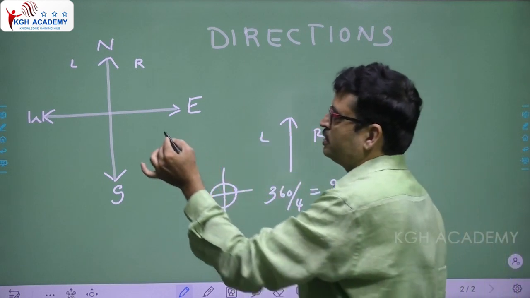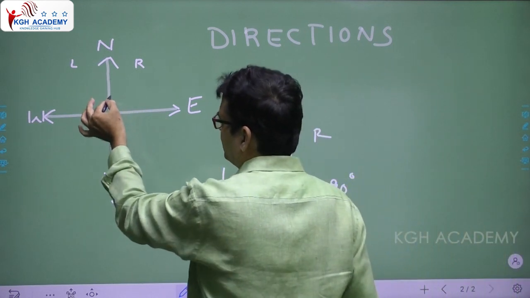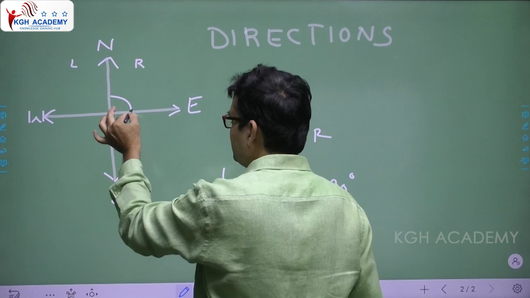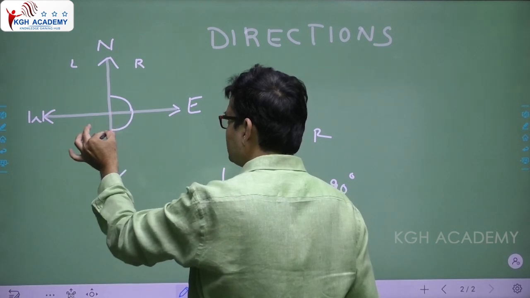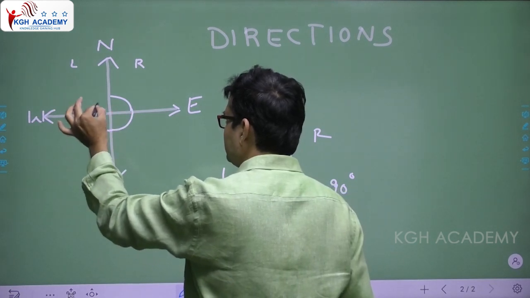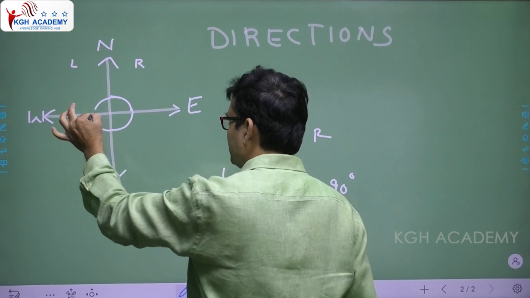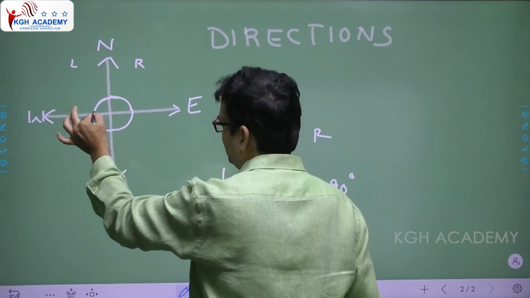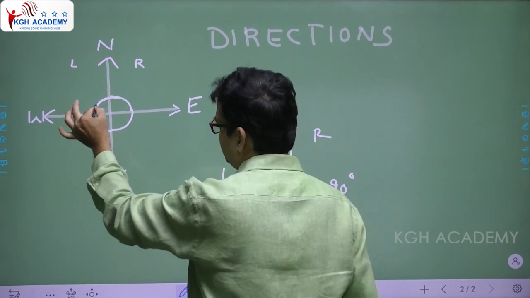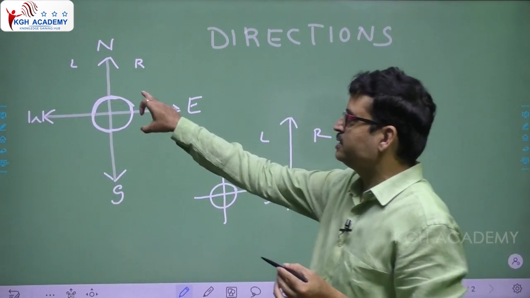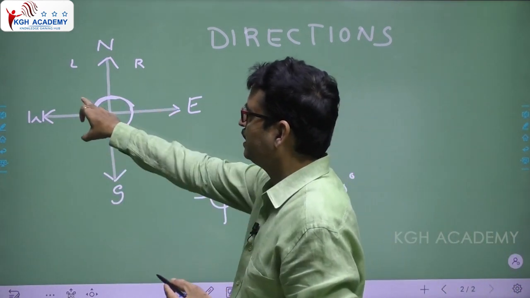Clear? So from north to east, 90 degrees; east to south, 90 degrees; south to west, 90 degrees; and north to west, it is 90 degrees. So 90, 90, 90, 90.